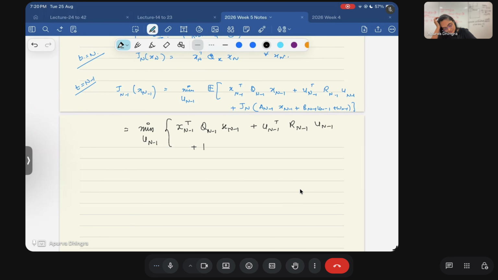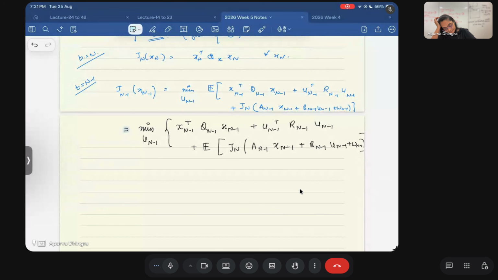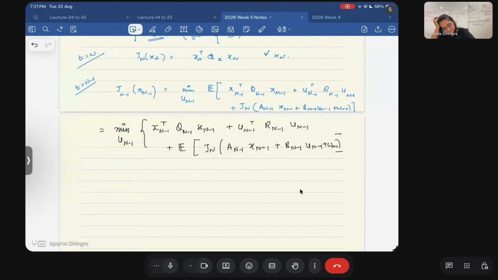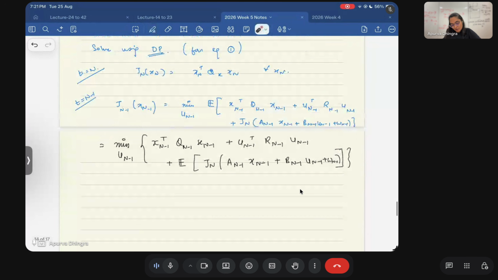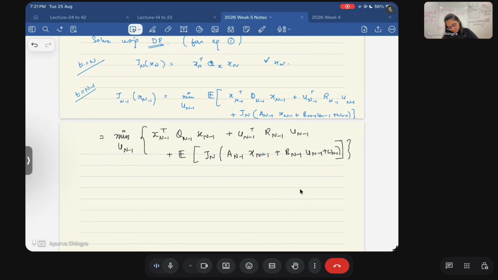Okay, so the expectation is on Jn of this object. And what is Jn of something? Jn of something is this quadratic term with qk showing up. So let's rewrite this.